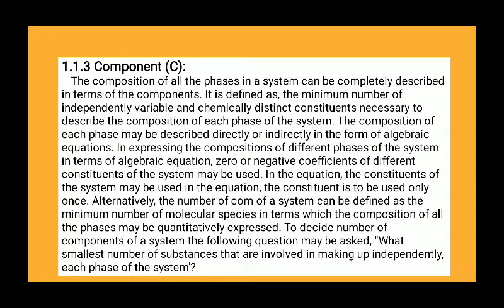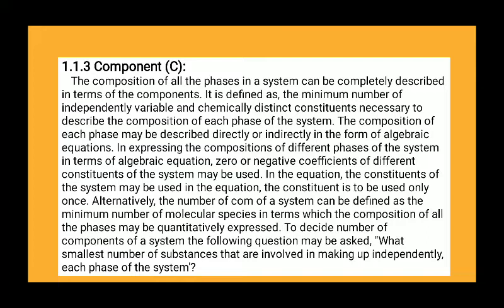The composition of each phase may be described directly or indirectly in the form of an algebraic equation. In expressing the composition of different phases of a system in terms of algebraic equations, zero or negative coefficients of different constituents of the system may be used.